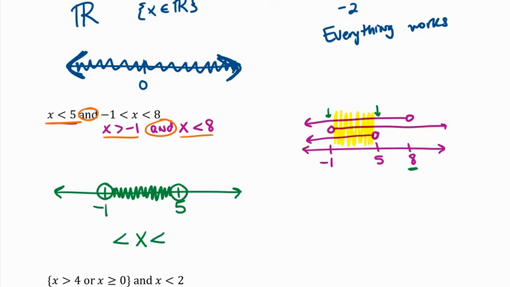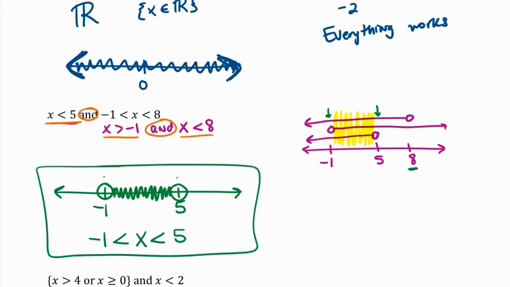And these are going to stay less than signs. They're not less than or equal to because we've got open circles on both of our numbers. And then just put them in order. So the -1 would go here and the 5 goes there. So again, that's x is less than 5 and x is greater than -1. So that would be the simpler version of that inequality that we started with.